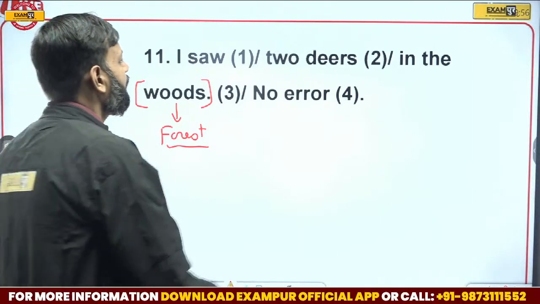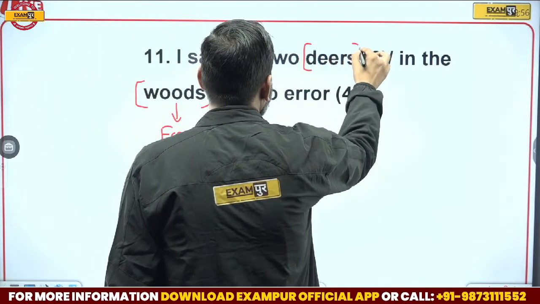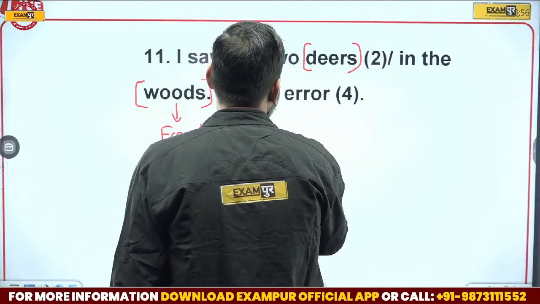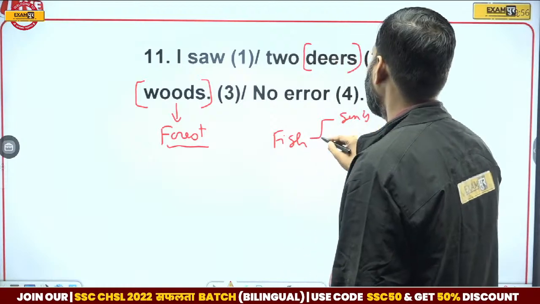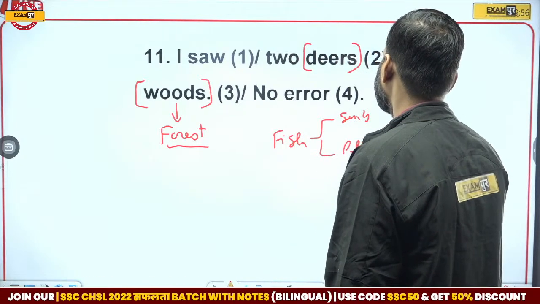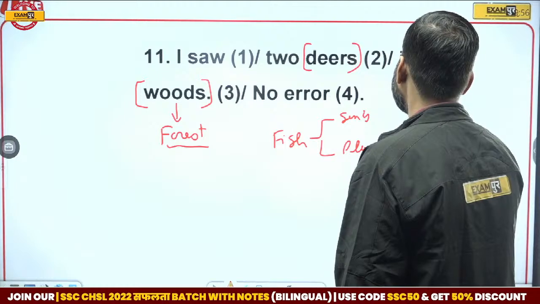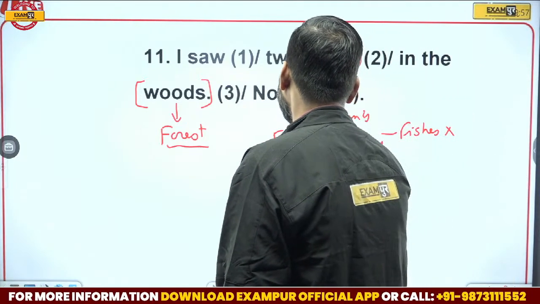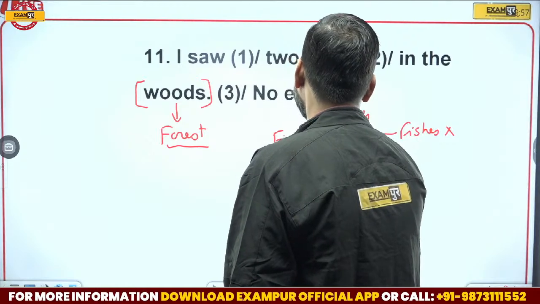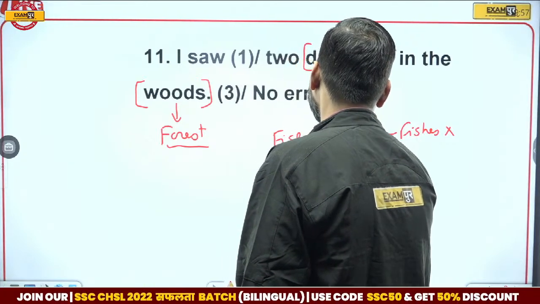Now, the word deer. Always remember that fish is both singular and plural, so to write fishes is wrong. In the same way, deer is both singular and plural.